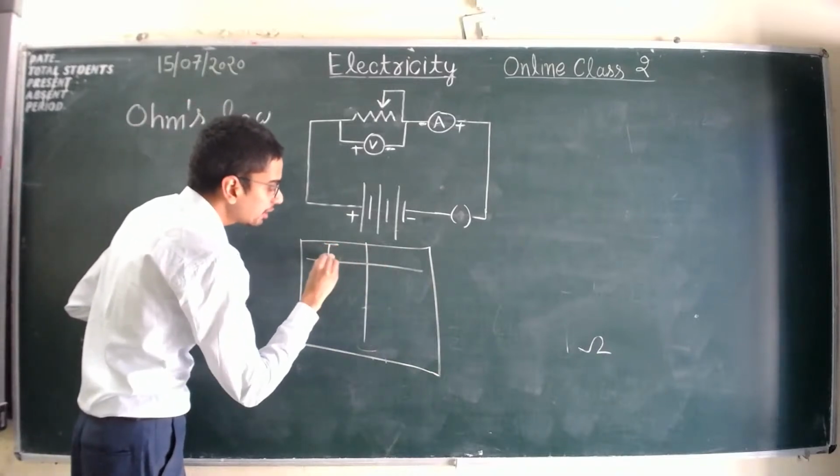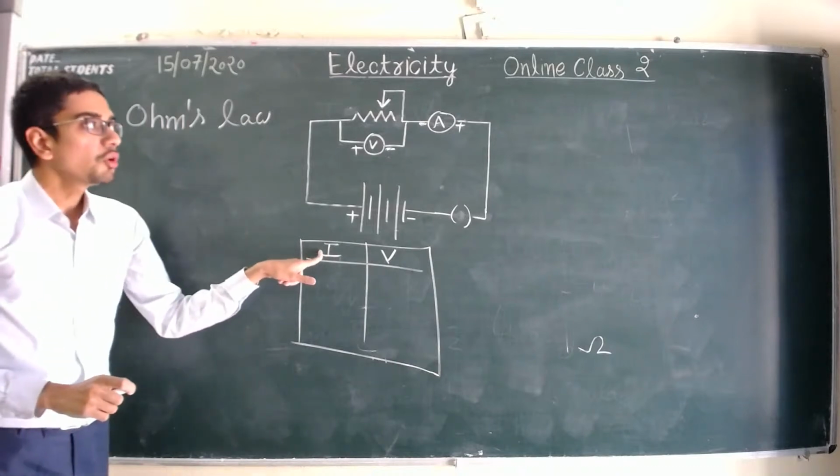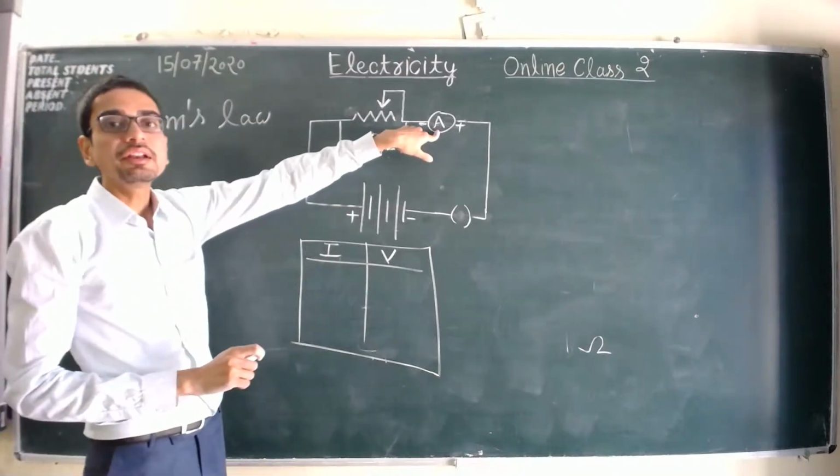In one column we write current, in one column we write V. Okay. Value of current we note by ammeter.